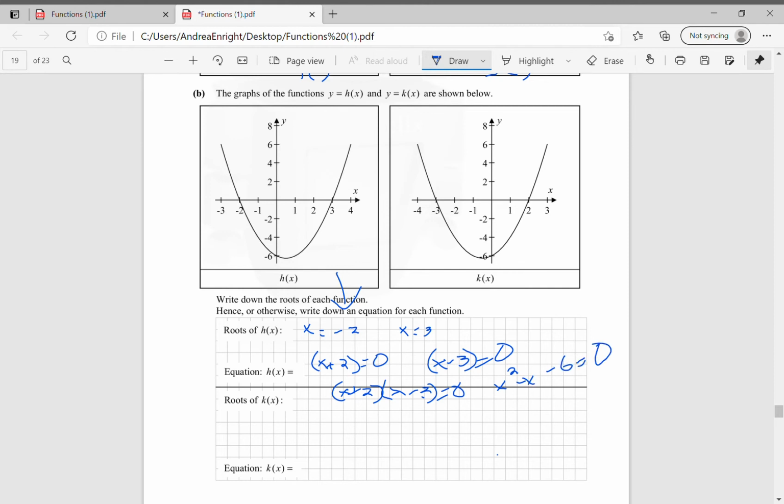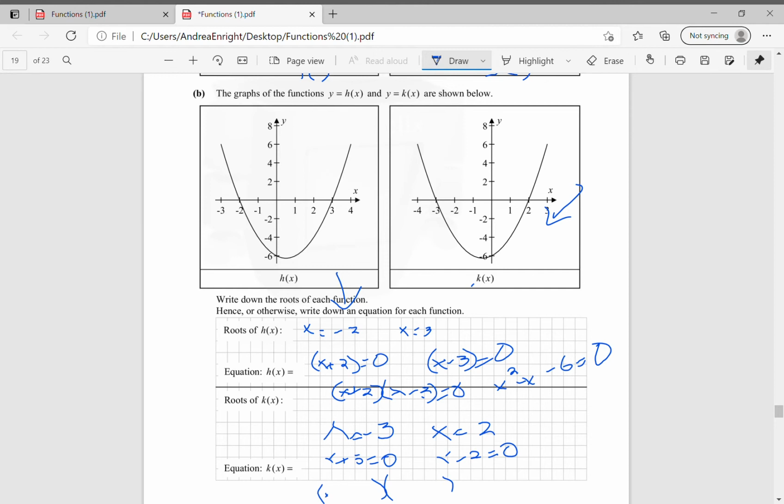Okay, then the roots of k: where does the k graph cross the x-axis? So it's x equals minus 3 and x equals 2. That used to be x plus 3 equals 0, and this used to be x minus 2 equals 0. Again, originally that was 2 sets of brackets before you let each bracket equal 0.